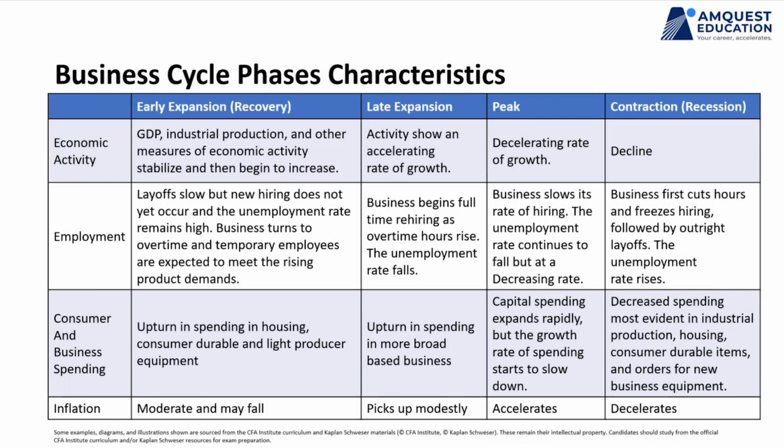Now, what happens in each of these in terms of economy, activity, and other aspects? In the expansion period, from the recovery, the economic activity is starting to build up, right? Remember, it's faced a recession, now it's going up. So the GDP and activity are going to start rising because they are stabilized and now they're starting to rise. As they rise in the late expansion, they start growing at a faster rate.